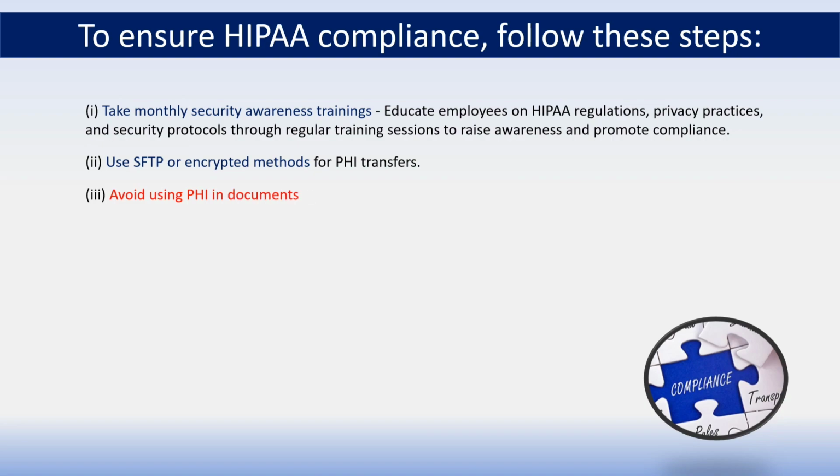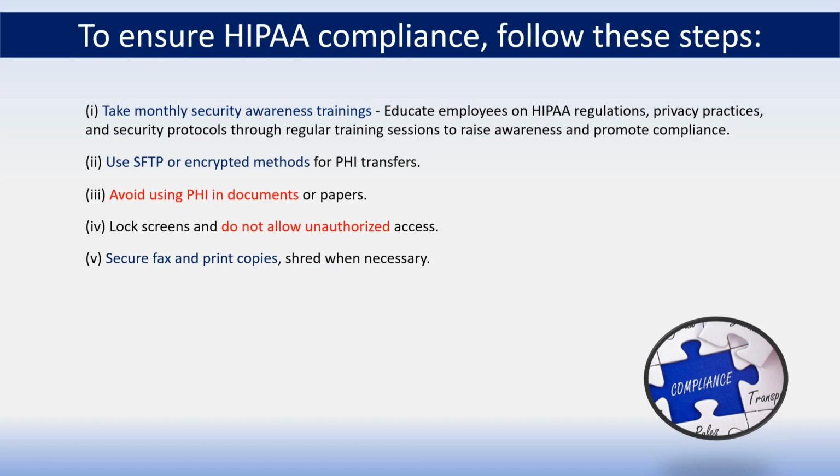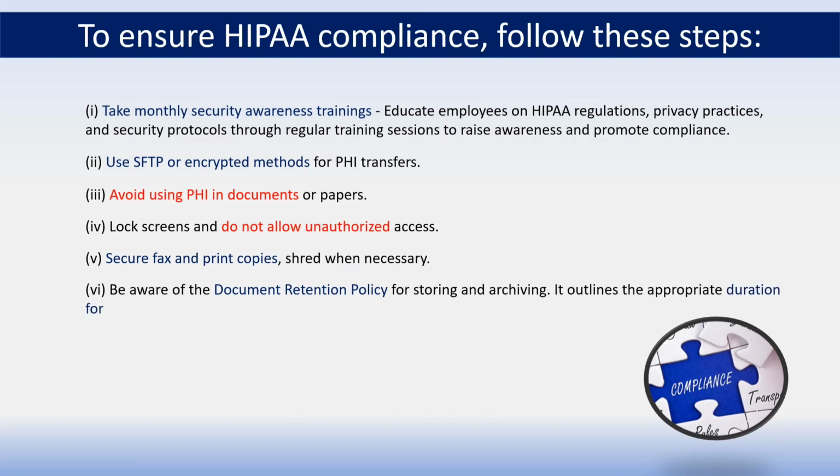Avoid using PHI in documents or papers. Lock screen and do not allow unauthorized access. Secure fax and print copies shared where necessary. Be aware of the document retention policy for storing and archiving. Document retention policy outlines the appropriate duration for retaining and securely storing records which contain PHI.